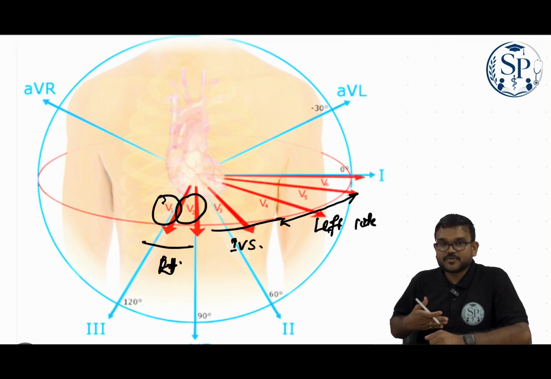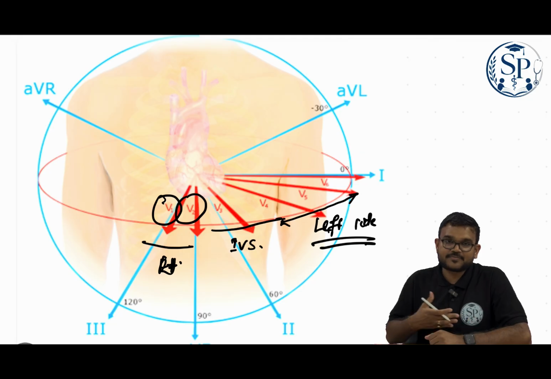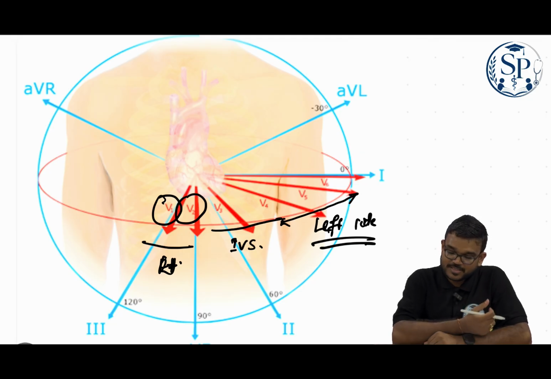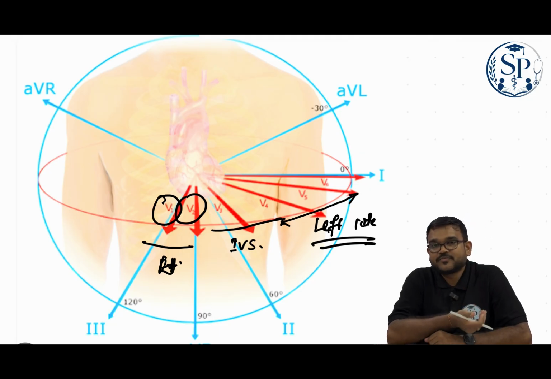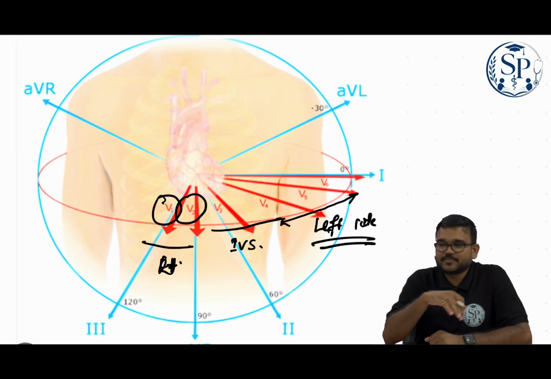So accordingly V1 to V6 are placed from the right side of the heart to the left side of the heart. If we are suspecting posterior wall MI, we place V7, V8 and mostly V9 posteriorly.